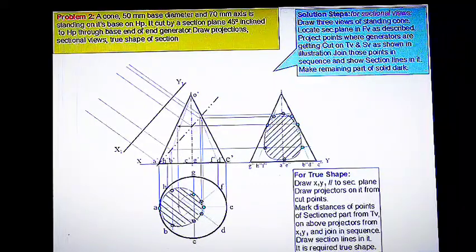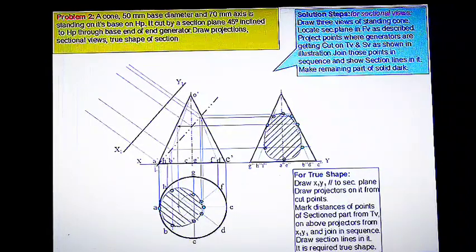Now, the distance of these corresponding points from plan is to be copied. So, this distance of points of sectioned surface from top view can be copied to this x1, y1 line like this.